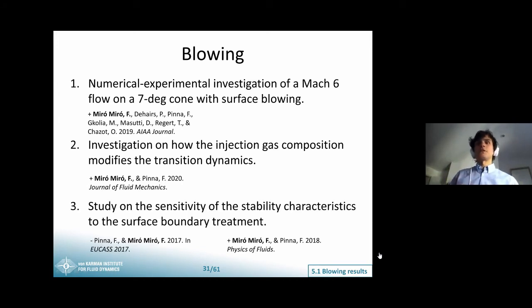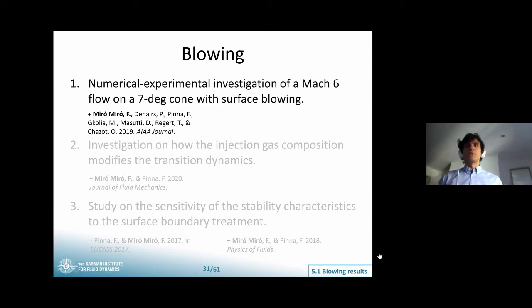And finally, the third was a study on the sensitivity of the stability characteristics to the surface boundary treatment, a preliminary version of which we presented at OCAS already 3 years ago, and the actual full work was later published in Physics of Fluids. So I'm going to leave this third one out of today's presentation because it requires a bit more thorough theoretical background, and I'm going to focus on the first two.